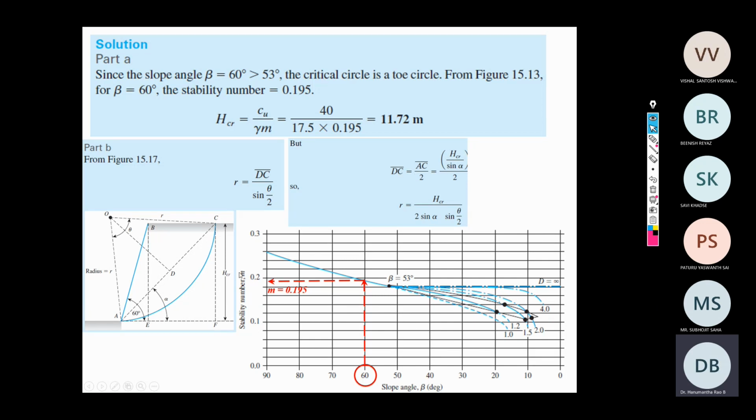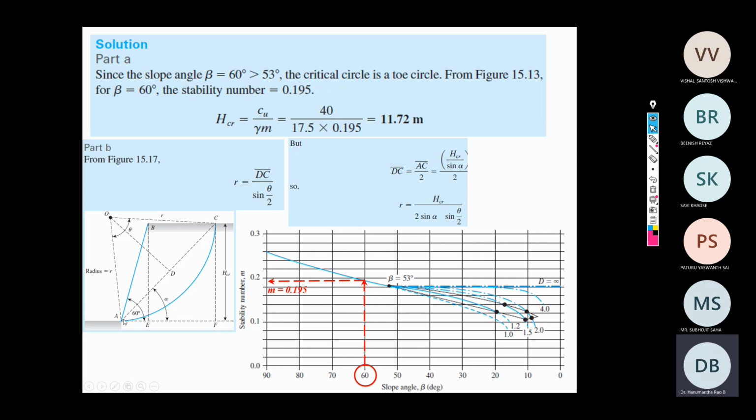So this chord length DC is related to AC, the total chord length, divided by 2, that is AC by 2. But AC can be expressed using another triangle, that is triangle ACF.